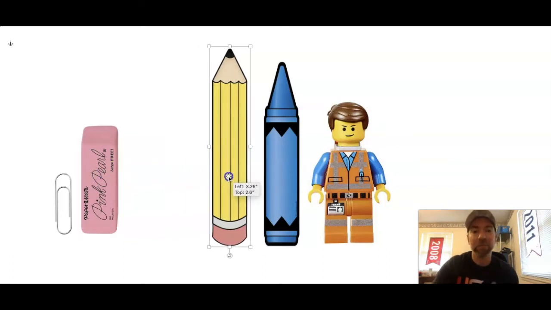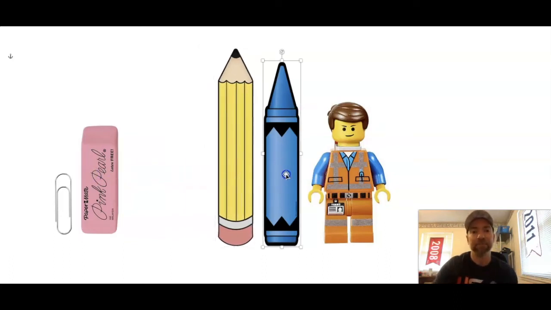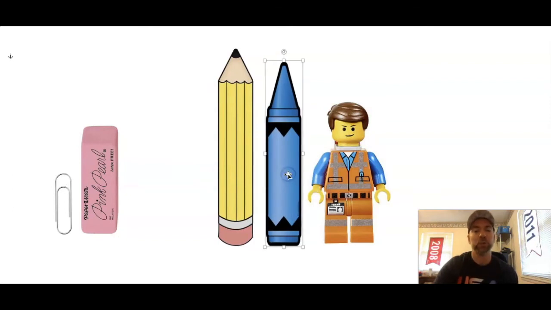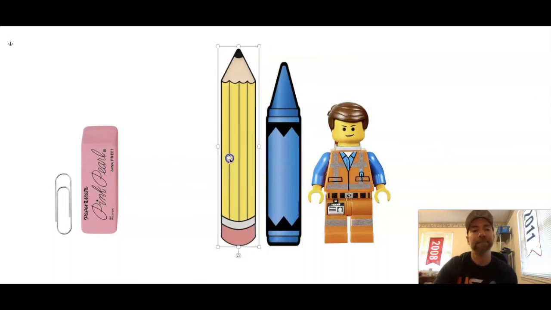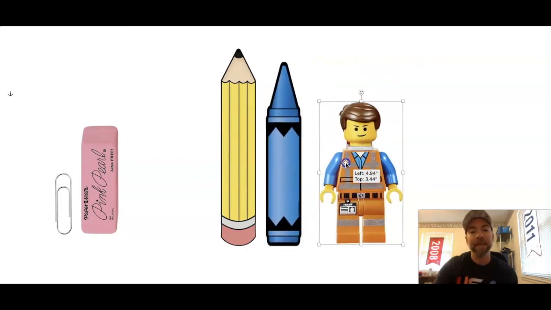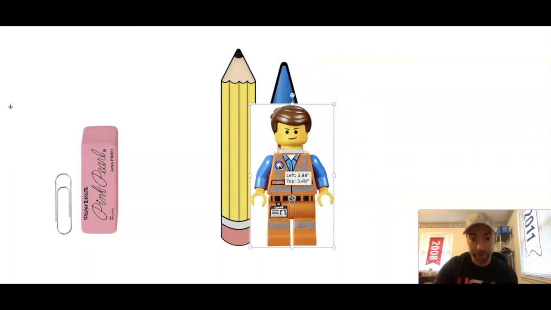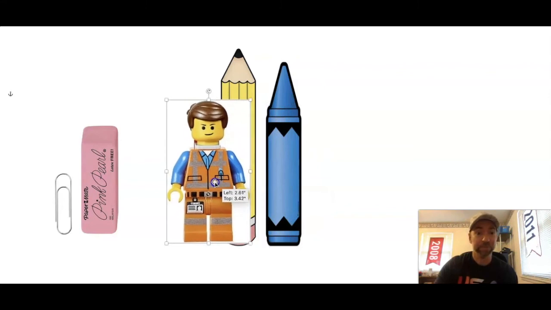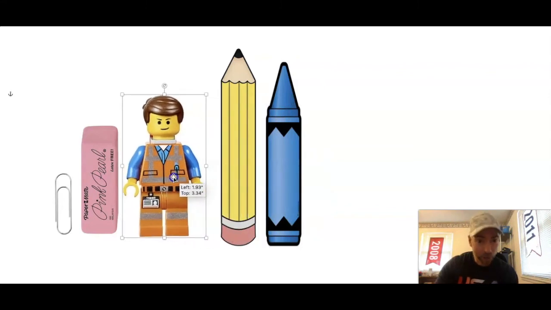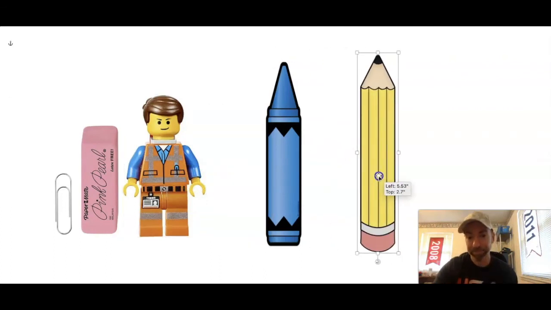Now I have 3 objects left. I wonder which one's the shortest. Well, let's see. The pencil is bigger than the crayon. The crayon is bigger than Emmett. Emmett is shorter than the crayon, shorter than the pencil, and Emmett is longer than the eraser. So Emmett is going to come next.